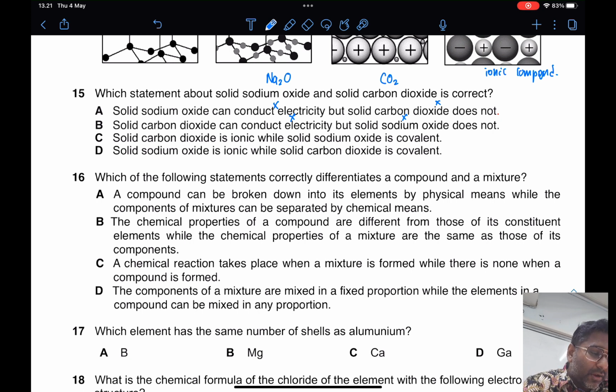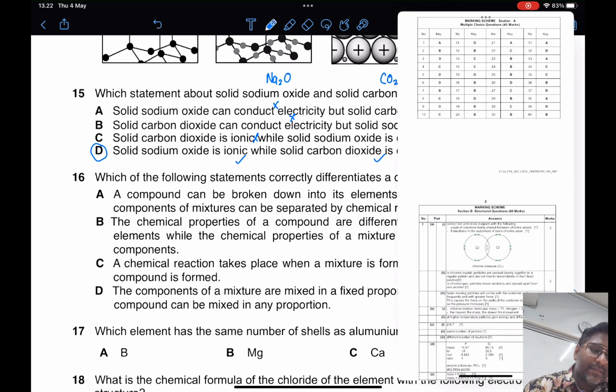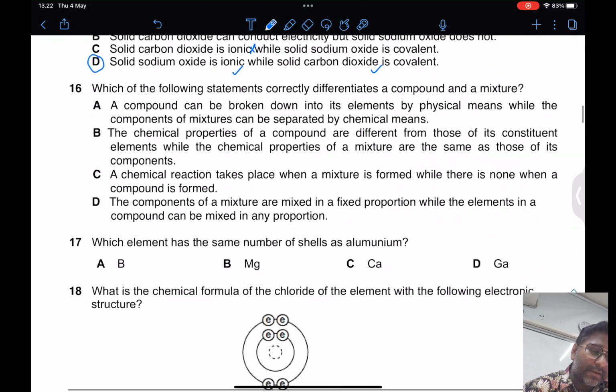Now C, solid carbon dioxide is ionic, no. Carbon dioxide, even non-solid, is always covalent. Solid sodium oxide is ionic, while solid carbon dioxide is covalent. So the answer is D, 15 D, correct.